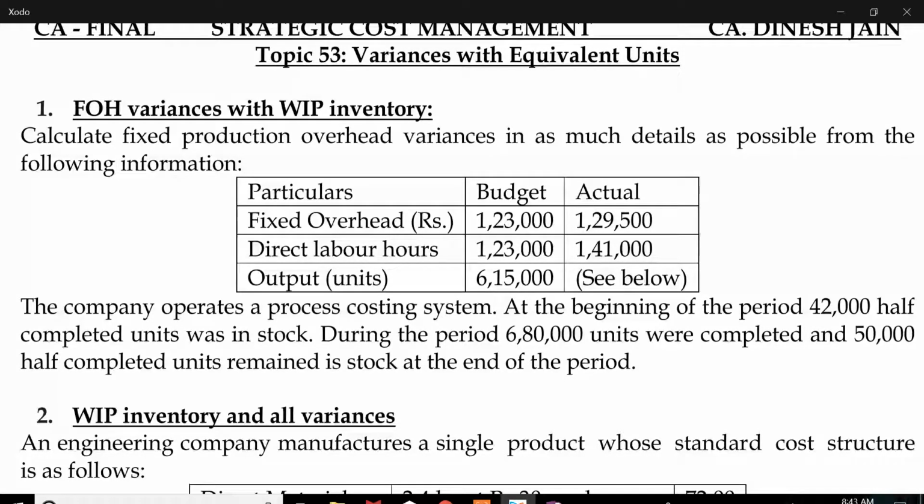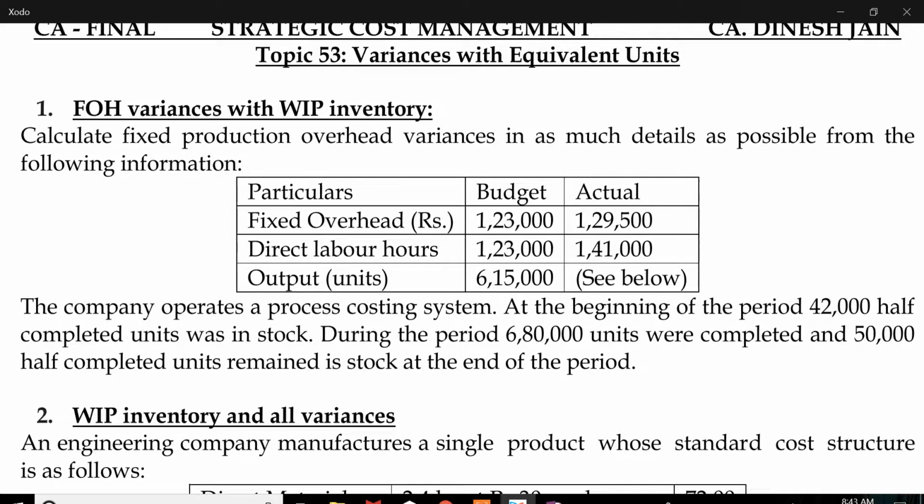Some units can be under WIP. In process costing, you would have learned the calculation of equivalent units. So in this area, you have to calculate equivalent units. Equivalent units can be different for material, for labor, and for overheads, all as part of your process costing.